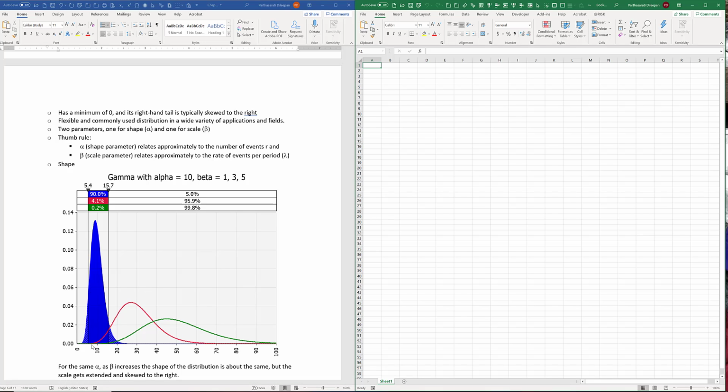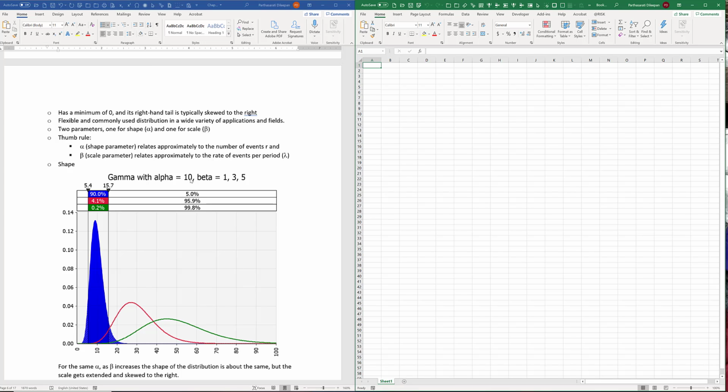Whether it's going to be skewed to the right like that, or has a hump and then a skew, or in the exponential case, the shape will be like that. There won't be a hump. It'll be declining monotonically like this. Now the scale parameter is how spread out the values are.